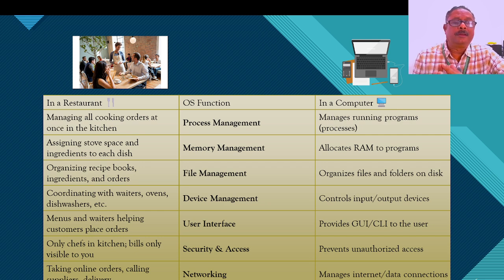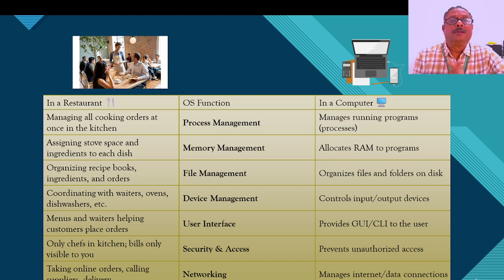On the other side, when a customer is given a bill, it should be made visible only to the customer, and should not be put on a notice board. It should be ensured that access is only to the customer or the one who is supposed to pay the bill, not to anyone else.